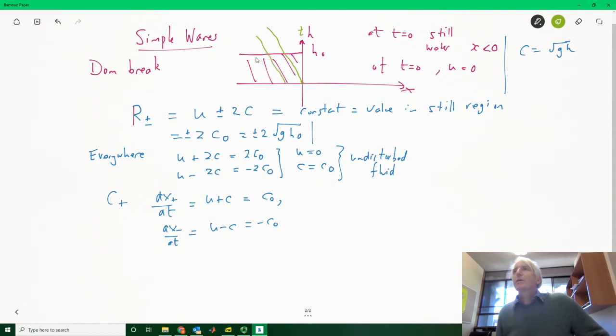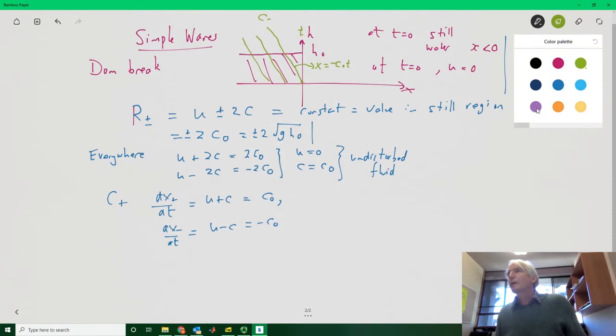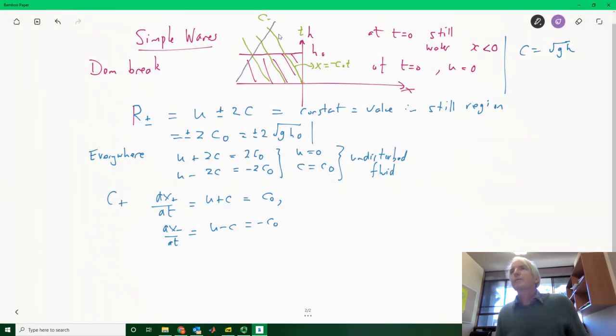Just like we did with the car, these are the c minus characteristics. And this one here is given by x equals minus c0 t. Those are the minus characteristics. And then in purple are the plus characteristics, which have the opposite slope.